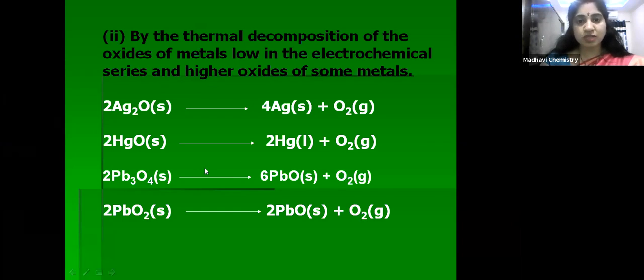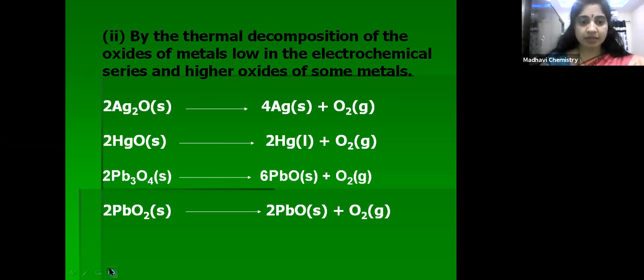Salts like KClO3, that is potassium chlorate, potassium permanganate, and potassium nitrate, which contain oxygen, give oxygen when heated in the presence of a catalyst. Thermal decomposition of oxides of metals low in the electrochemical series gives oxygen, and higher oxides of some metals on heating also give oxygen.